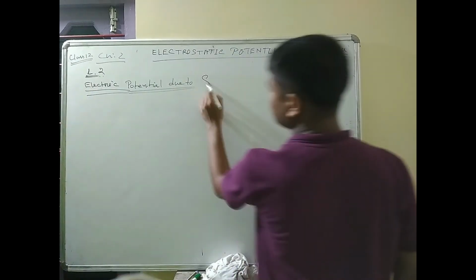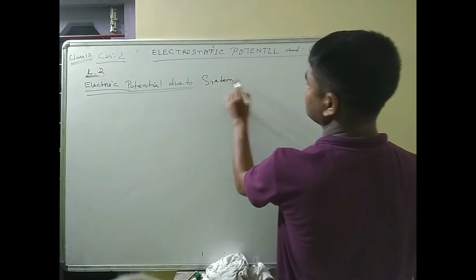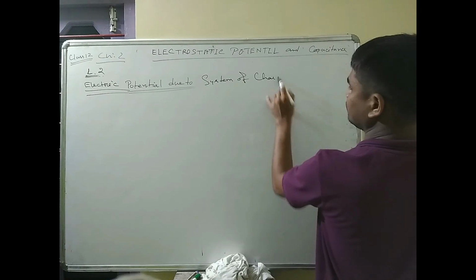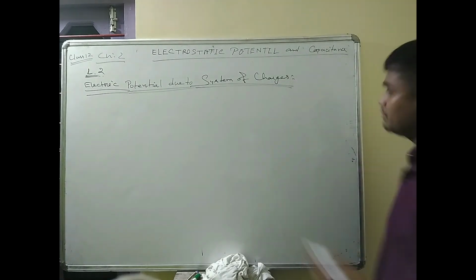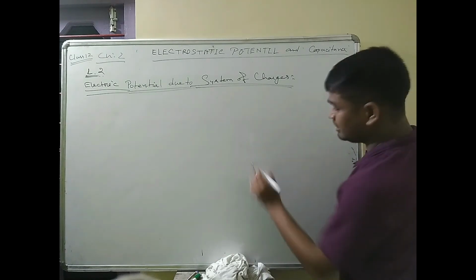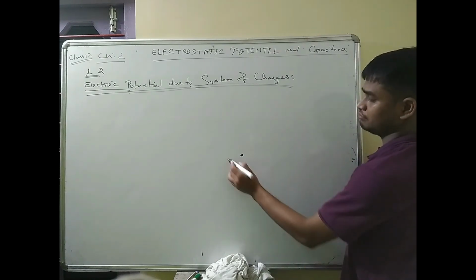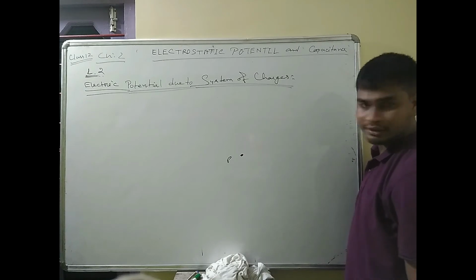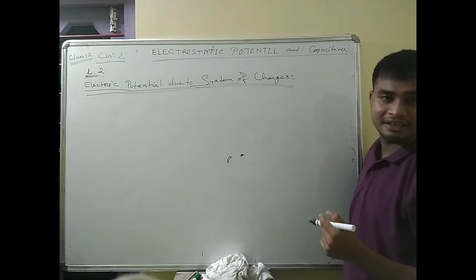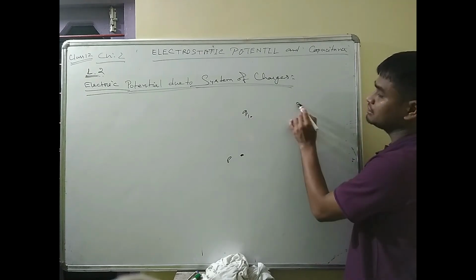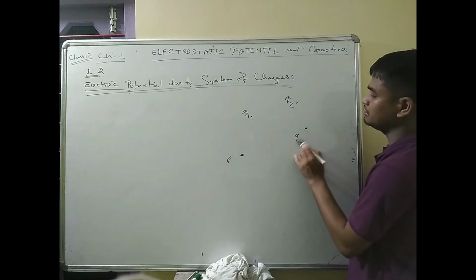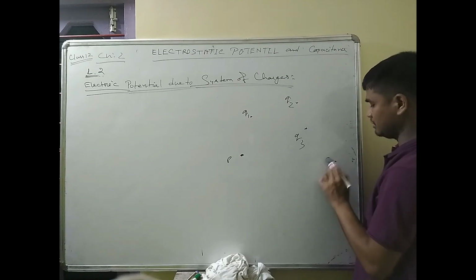Now electric potential due to a system of charges. We have to find the electric potential due to a system of charges. Let us consider this is the point P where we have to find the electric potential. Let this be the Q1 charge, this the Q2 charge, this the Q3 charge, this the Q4 charge.